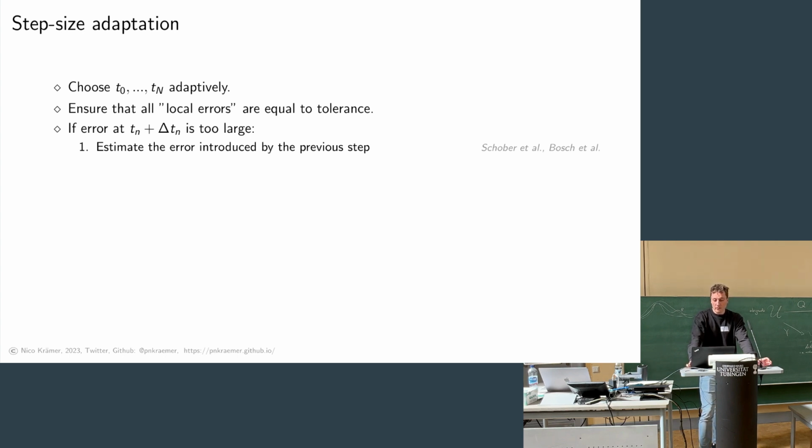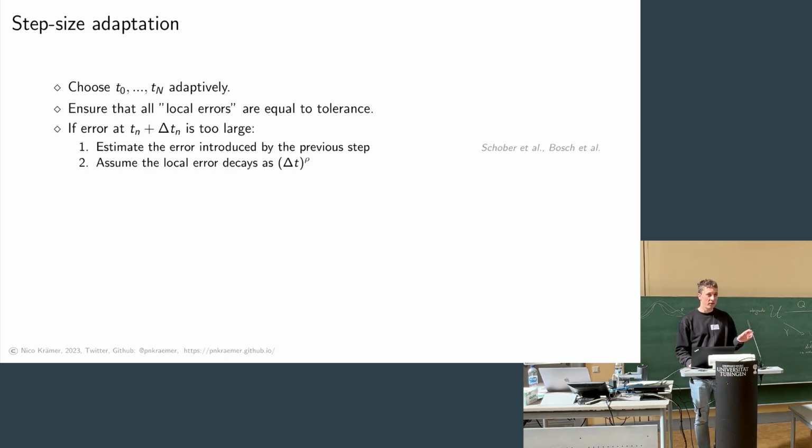So the whole concept of the step is that we need an error estimate. We assume that the local error decays as some polynomial of the step size. That is important, but that is usually something that you can derive on paper before going to your ODE solver implementation.